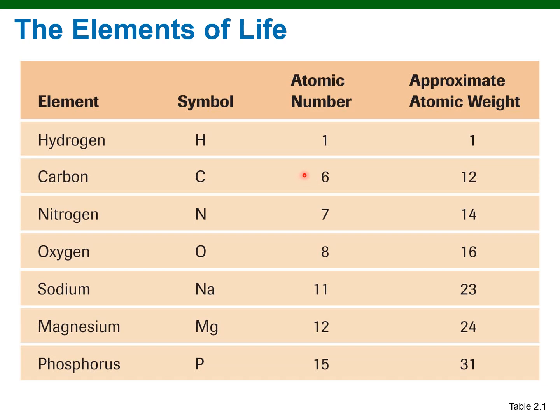Carbon is defined by having 6 protons, nitrogen has 7, oxygen has 8, and so forth. The approximate atomic weight would be what I referred to earlier as the mass number, where the protons and the neutrons are added together to make the approximate atomic weight.